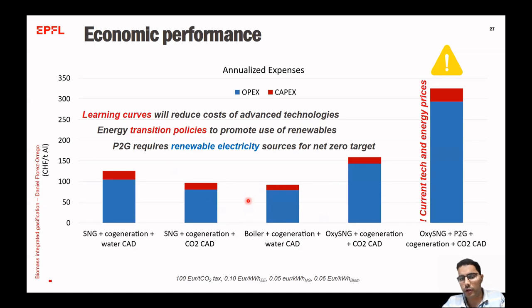But of course, we need to take these results with care because they depend on the current prices of energy, like the biomass, the electricity, and the natural gas, and also because the investments are from the current state of the market. But in the future, these prices can reduce because of the economies of scale and the penetration of renewable electricity.